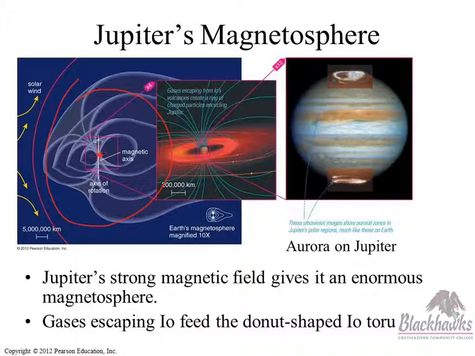So over here, these are auroras, the northern lights, where charged particles are falling through Jupiter's atmosphere. So Jupiter has a magnetic field, and all of the gaseous planets have magnetic fields. Jupiter rotates really fast, like once in 10 hours.